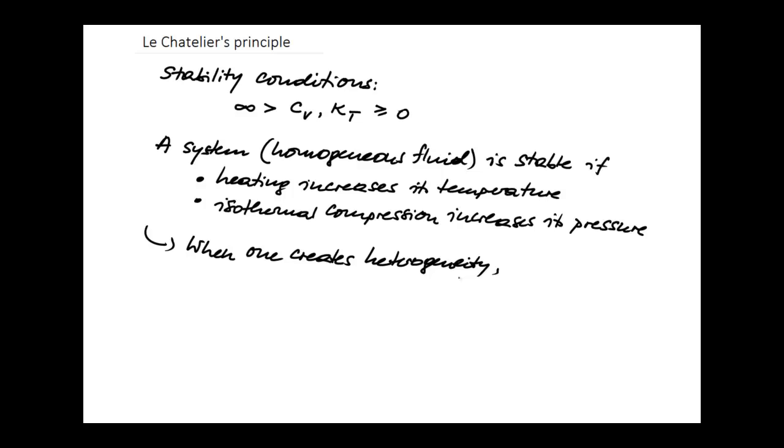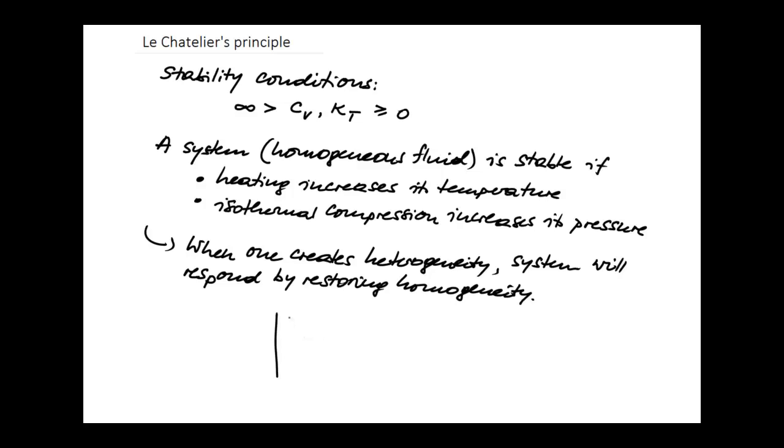And this is ensured by these two conditions. So to complete my sentence, whenever one creates a heterogeneity, then the system will respond, once you leave it alone, by restoring homogeneity.